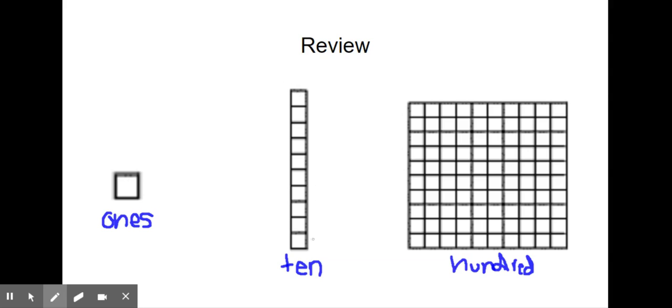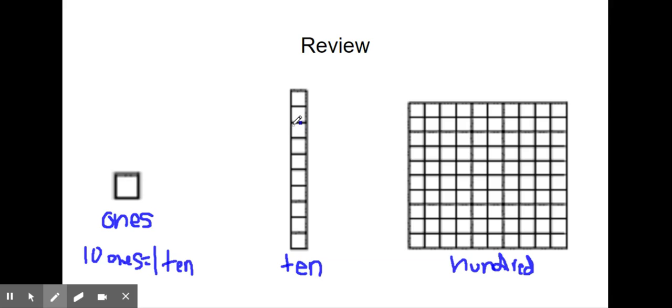My 10 is made up of ones. Let's see how many ones. 1, 2, 3, 4, 5, 6, 7, 8, 9, 10. So 10 ones equals 10.